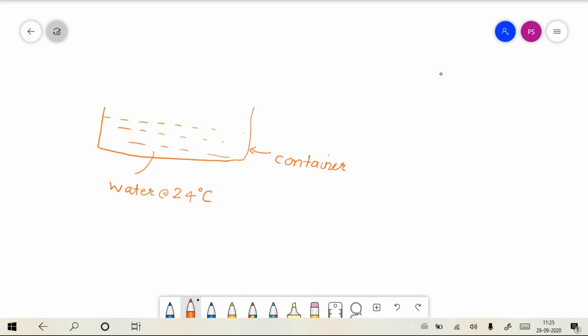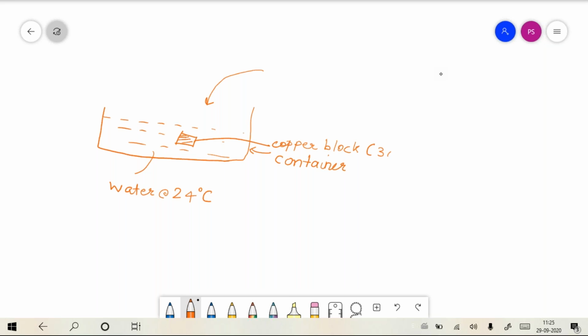And what is happening is you are dropping a copper block. This copper block has a mass of, let us say, 30 kgs.